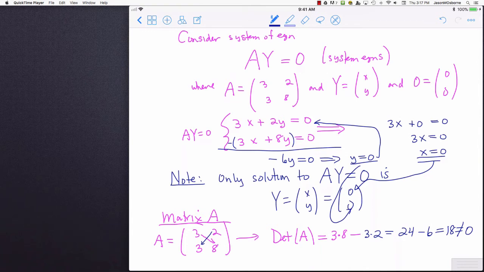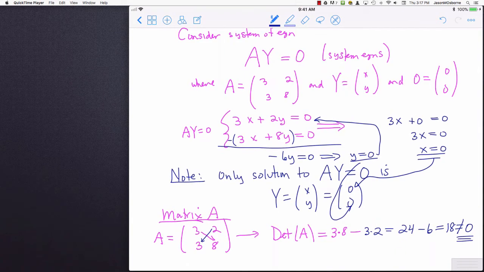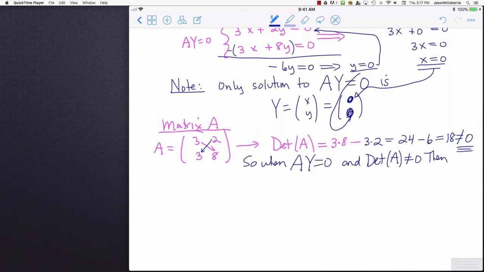The fact that you had a non-zero determinant was an indicator of the system of equations only having the 0 solution. So when you're looking at a system AY equal to 0, and the determinant of the matrix is not equal to 0, then the only solution to AY equals 0 is Y equal to 0.